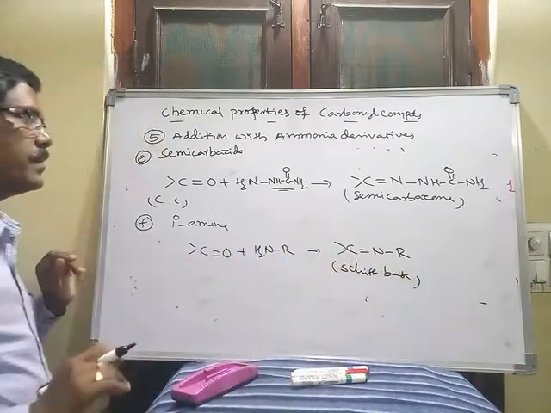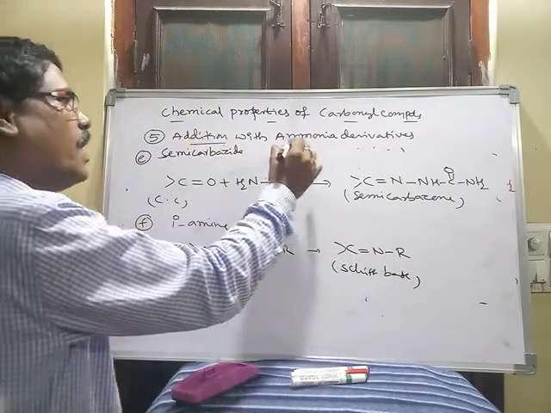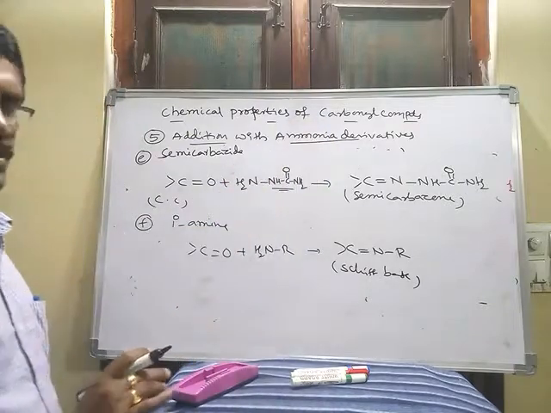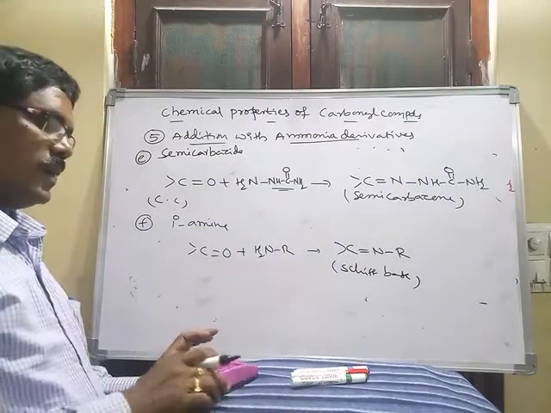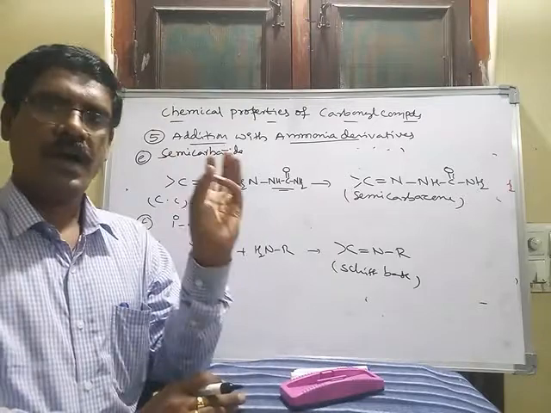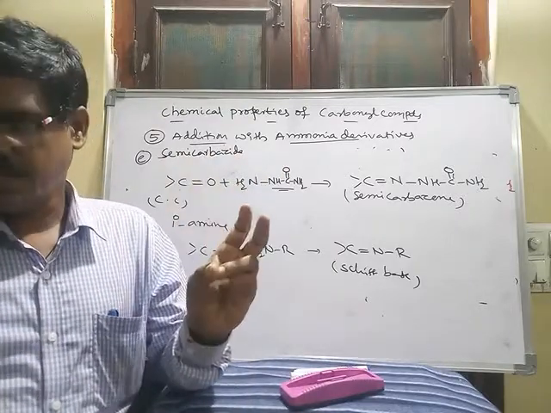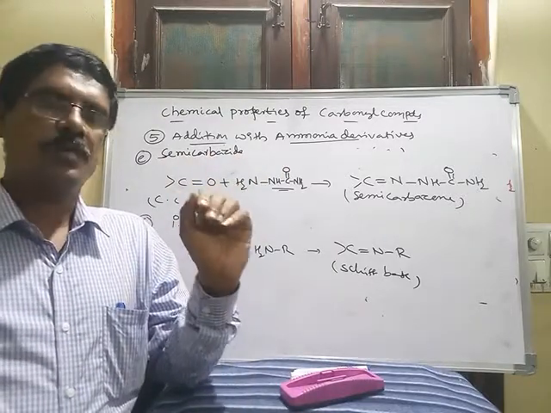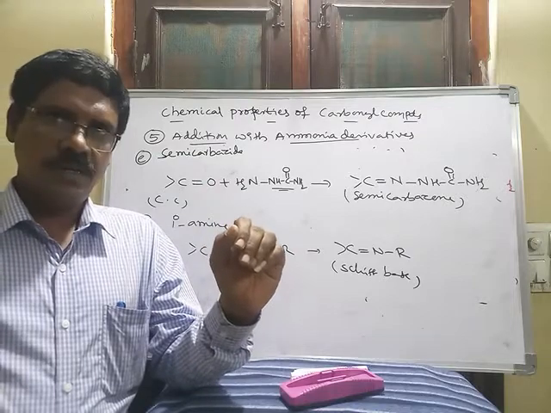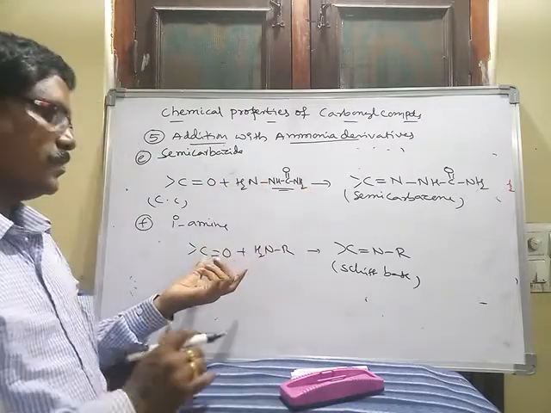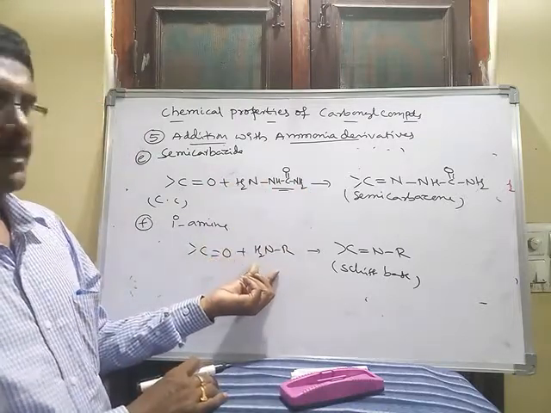These are the addition reactions with ammonia derivatives. There are six in total: hydroxylamine, hydrazine, phenylhydrazine, 2,4-DNP, semicarbazide, and the last one, primary amine.